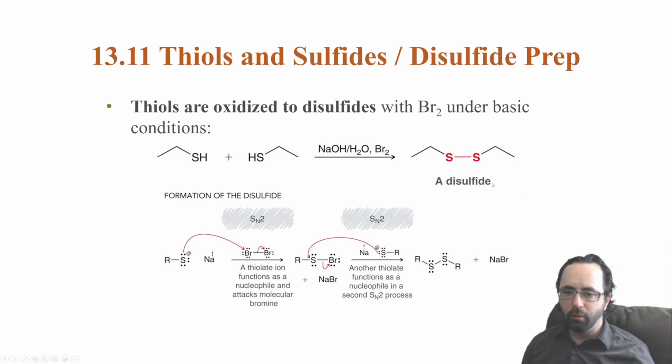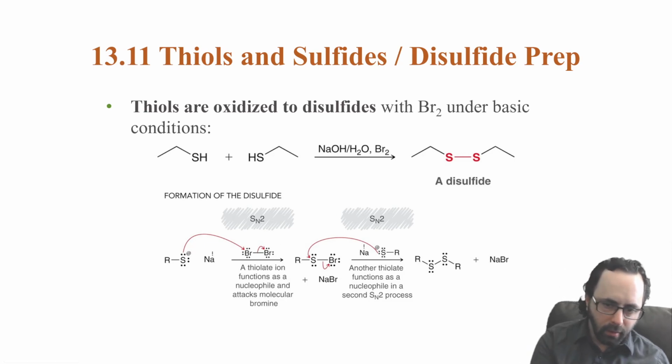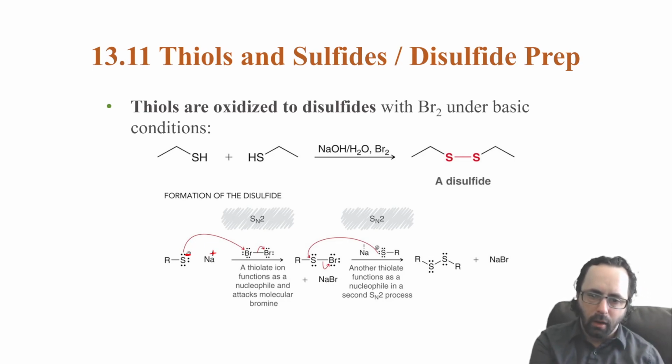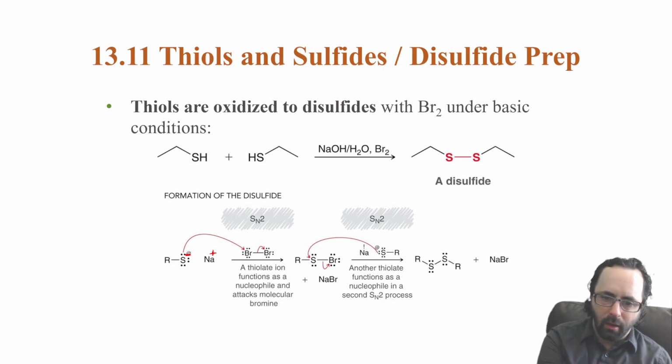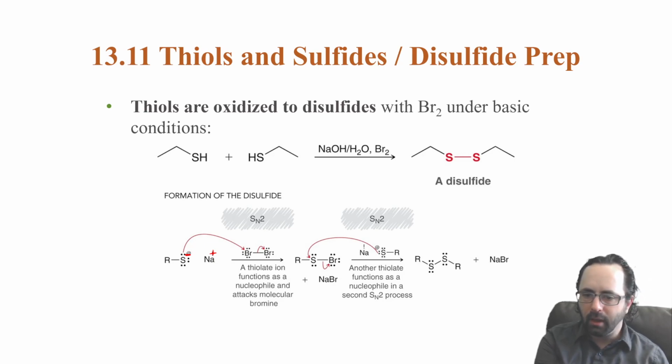And this can be achieved with the use of sodium hydroxide and water in the presence of bromine here. So the way that this works is, sorry, I don't know what happened to my slide here, but this is supposed to be a negative, this is supposed to be a positive. If we have a sulfide here, sodium sulfide of some kind, it can attack the bromine here, and then we get a bond with the bromine, and we have sodium bromide.